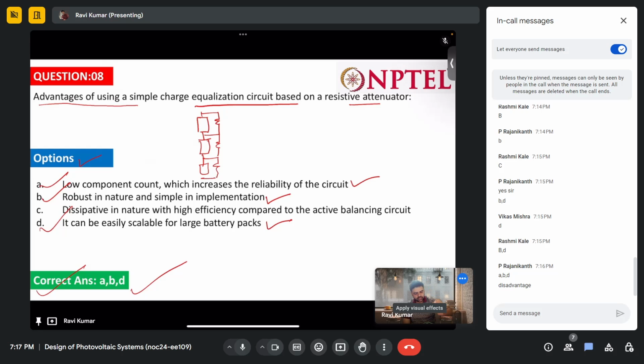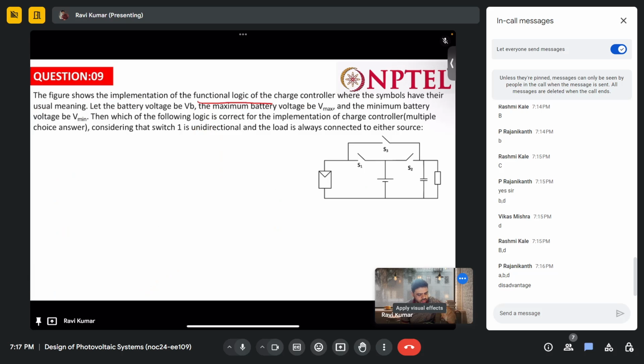Next question. It says the figure shows the implementation of the functional logic of a charge controller where the symbols have their usual meaning. It means S represents the switch. This is the PV panel. This is the battery. And S is the switch. Let the battery voltage be VB.